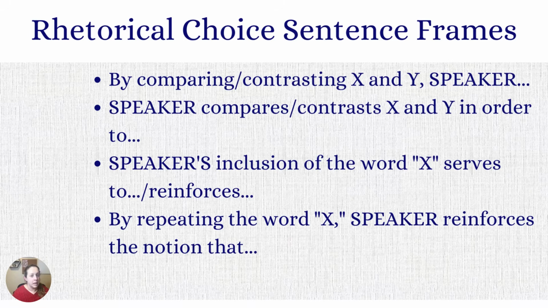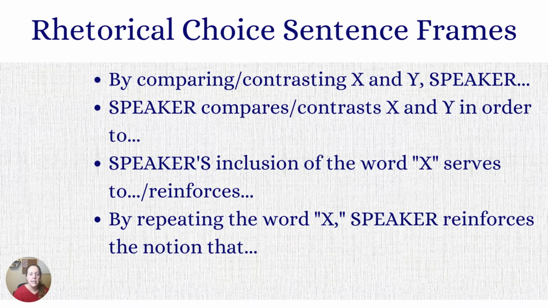I really like this third bullet point here, so I want you to pay close attention to this one because I think this particular sentence frame could be very useful for many students for rhetorical analysis. And here's why. When you are analyzing a choice, you still want to analyze the word choice. You want to look at the word choice and the details.